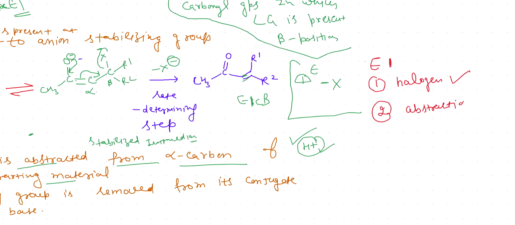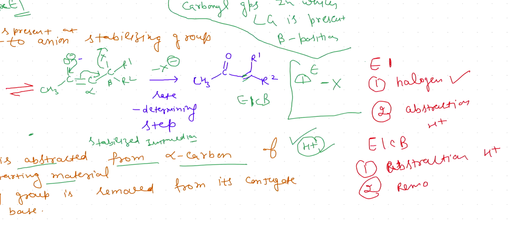But in E1cB, the first step is abstraction of H positive, and the second step is removal of halogen. So this is a major difference. So remember all these steps.